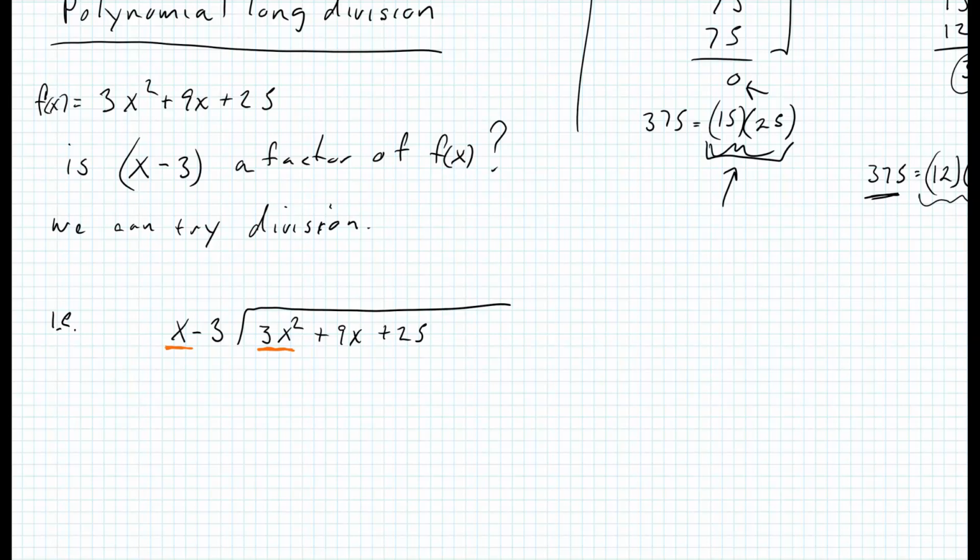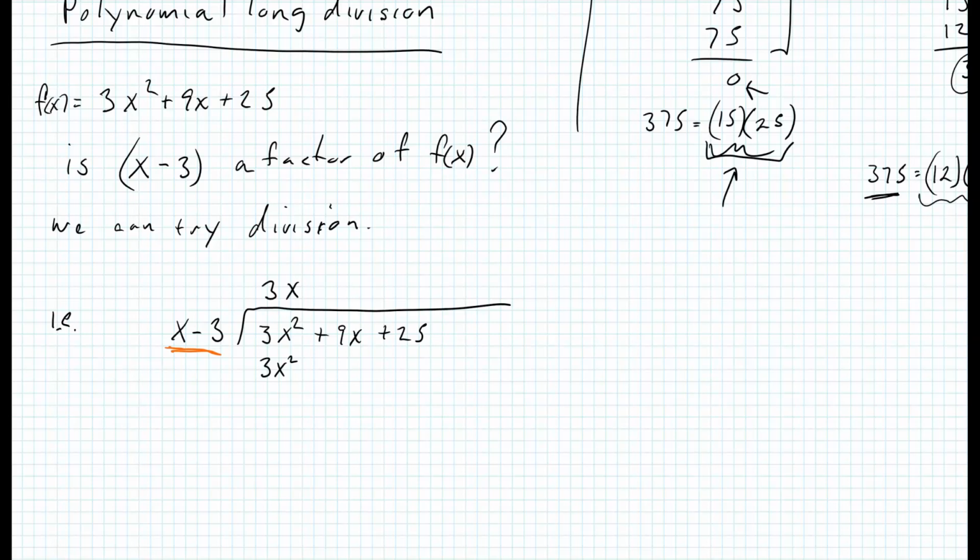Then you say, what can I multiply this thing here by to get that? A little bit of thought will tell you, if I multiply x by 3x, then I'll get 3x squared. So I'm going to multiply this whole factor, x minus 3, by 3x.